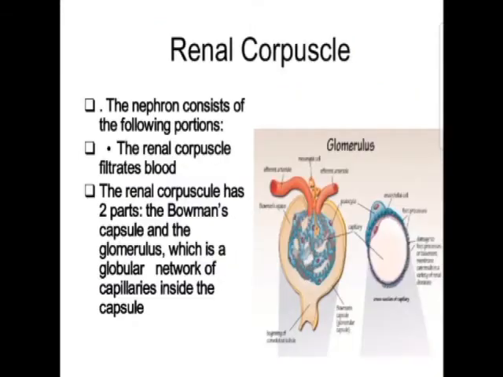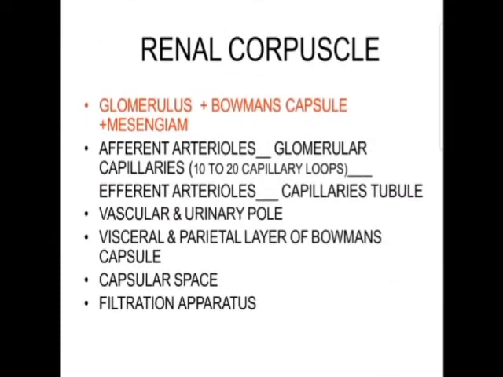The renal corpuscles. The nephron consists of the following portions: the renal corpuscles, which filter the blood. The renal corpuscle has two parts, the Bowman's capsule and the glomerulus, which is a globular network of capillaries inside the capsule.